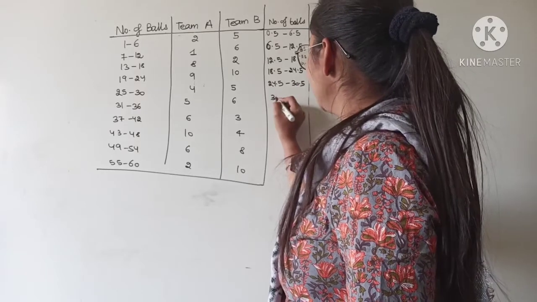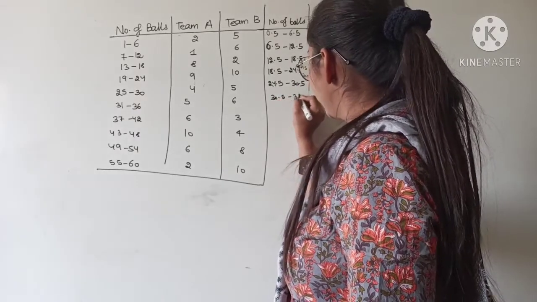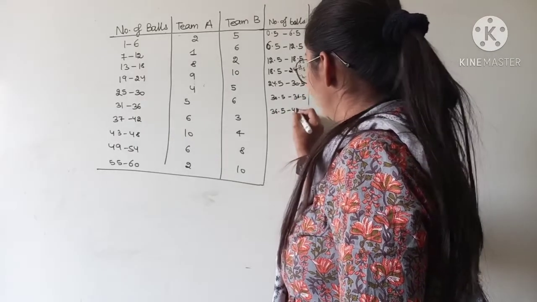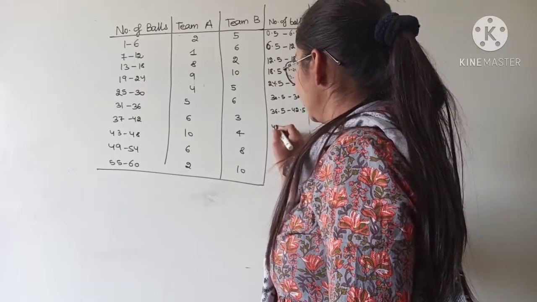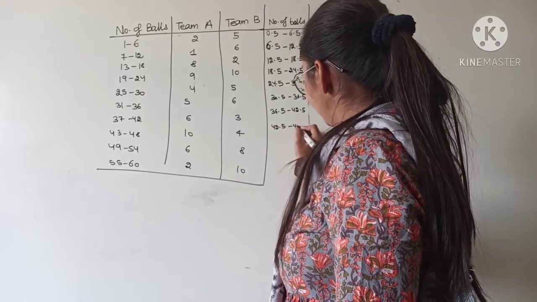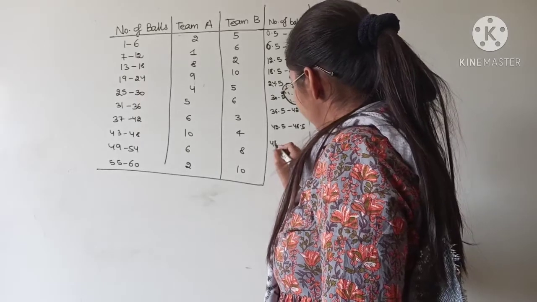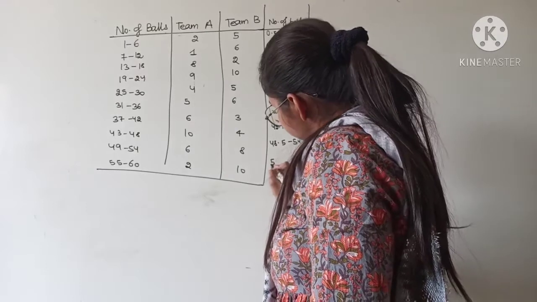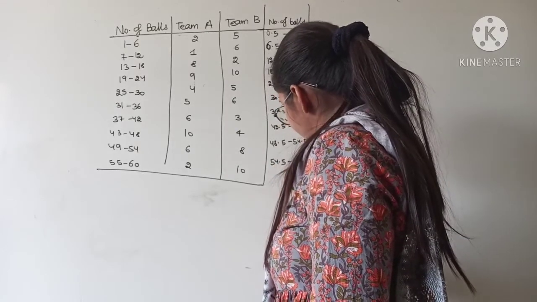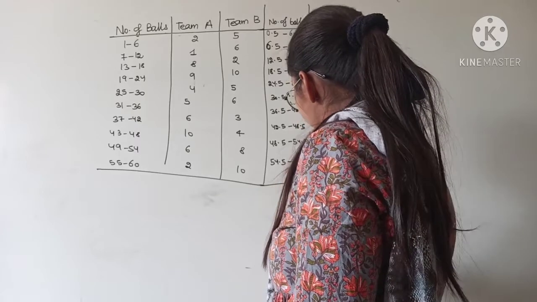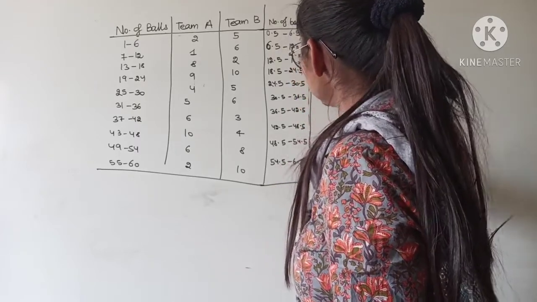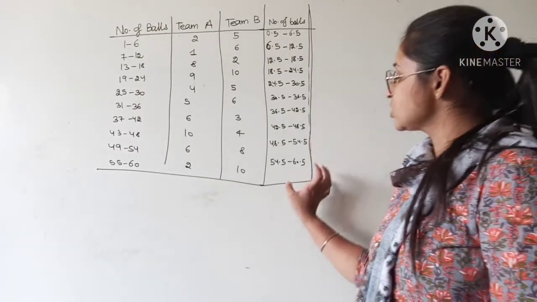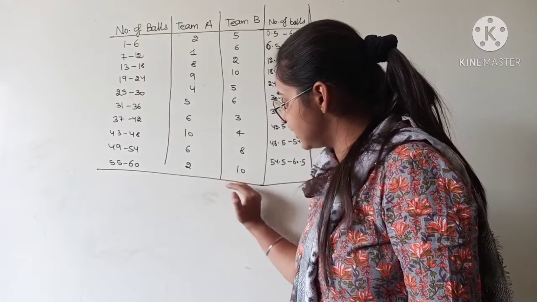Next is 30.5 to 36.5, and then 36.5 to 42.5, and next is 42.5 to 48.5, then 48.5 to 54.5, and last is 54.5 to 60.5. It means we are done with our class intervals, and these class intervals are continuous. Then we are able to draw the histogram for these class intervals with their frequencies.